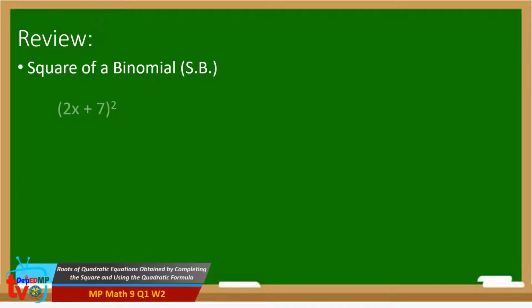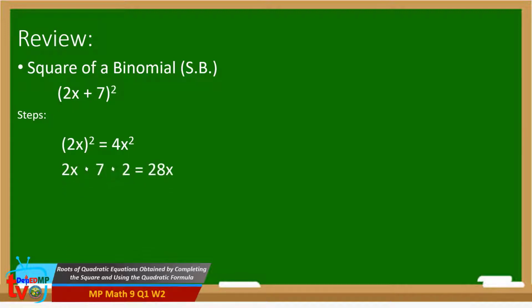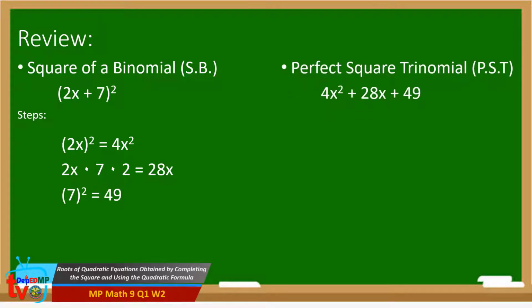Third, the quantity of 2x plus 7 to the second power is simplified by squaring the first term 2x as 4x squared. Then, multiply the first term 2x to the second term 7 and again the exponent 2, which is 28x. And 7 to the second power is 49. The result is 4x squared plus 28x plus 49.